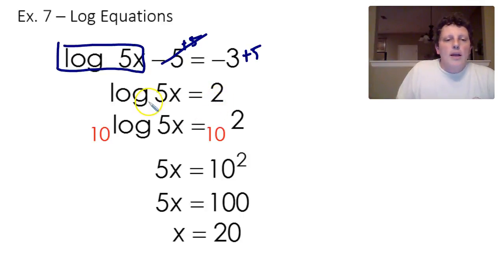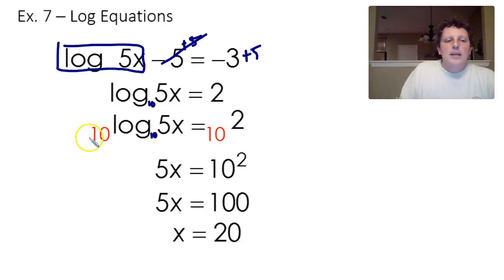I know that my log has an understood base of 10, so I'm going to put a base of 10 on both sides of the equal sign and put whatever is already there as the exponent. So this is going to be 10 raised to the log base 10 of 5x power and 10 raised to the second power.